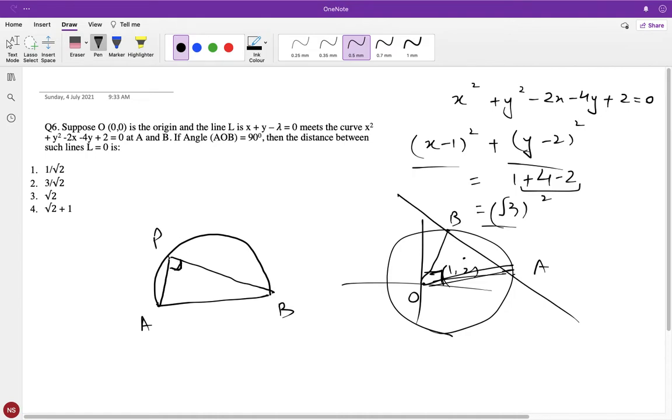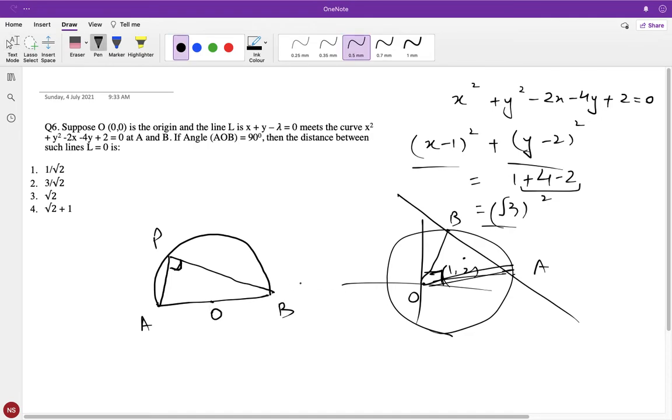This is one of the theorems in class 10th coordinate geometry. That is, if you have a circle with center O and AB is a diameter, so AB passes through O, then if there is any point P on the semicircle, then angle APB is 90.